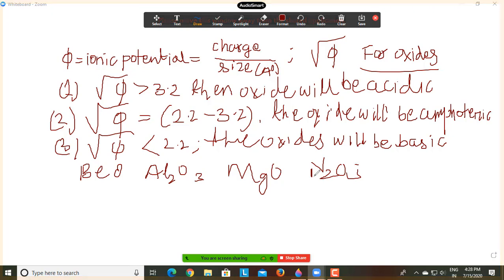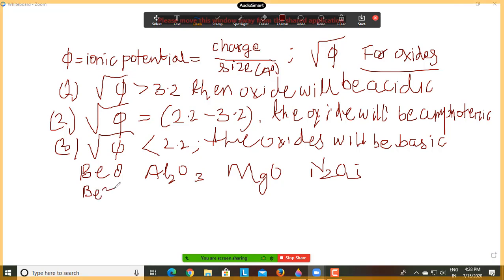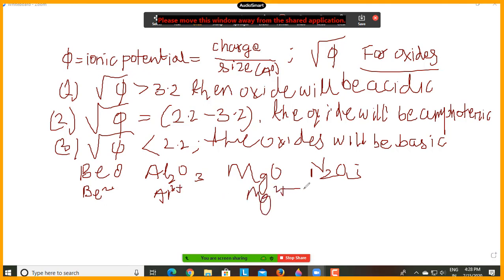So the charge of beryllium is 2 plus, the charge of aluminium is 3 plus, the charge of Mg is 2 plus, and N is 5 plus.